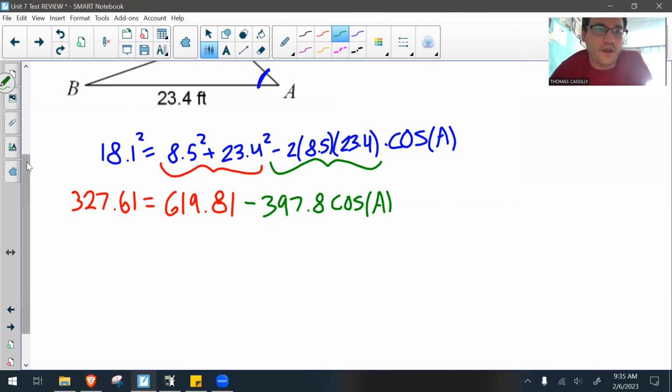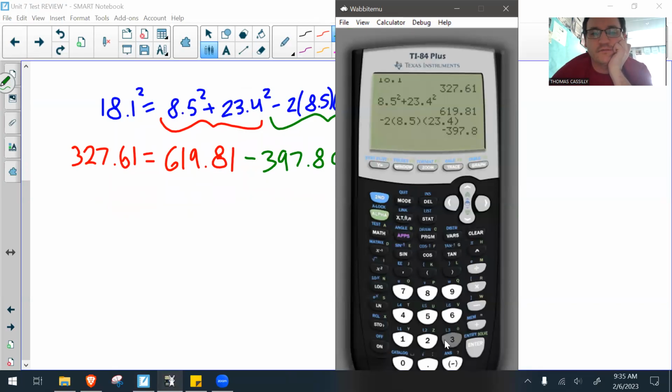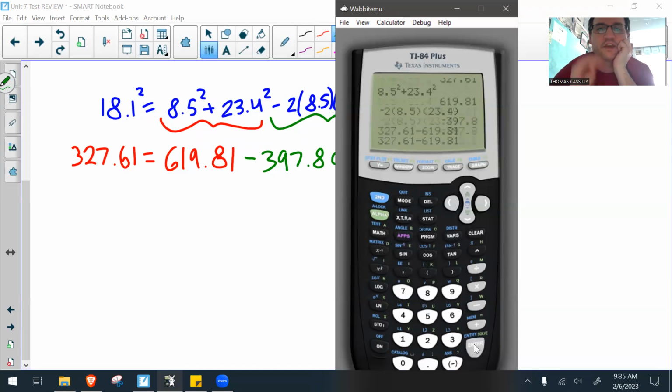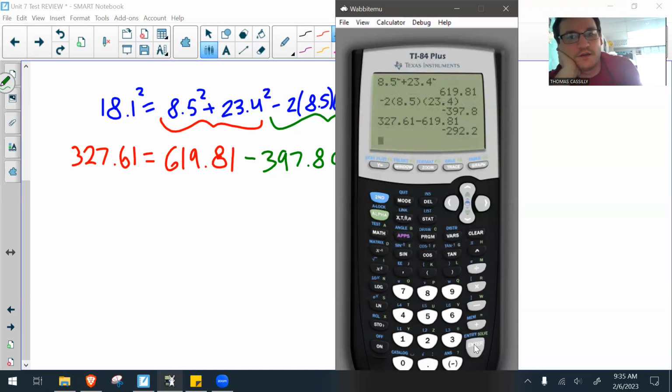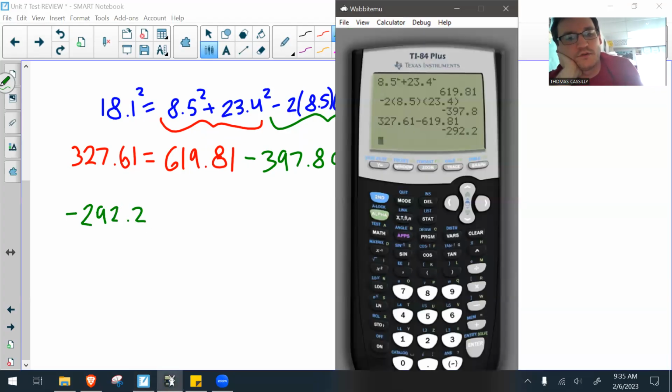All right, so now what you want to do is go ahead and subtract the 619 over. So you've got 327.61 minus 619.81. It gives us -292.2.